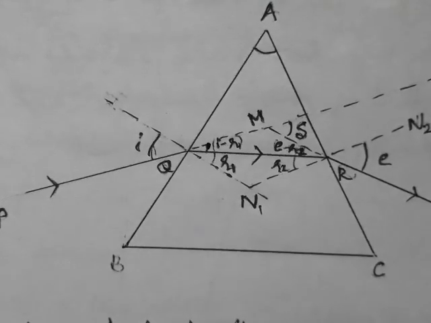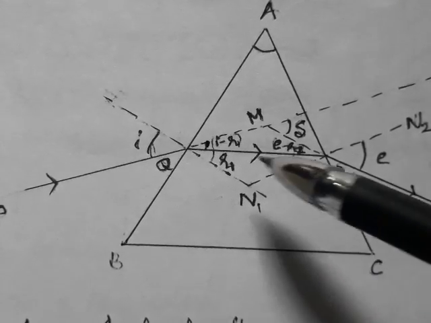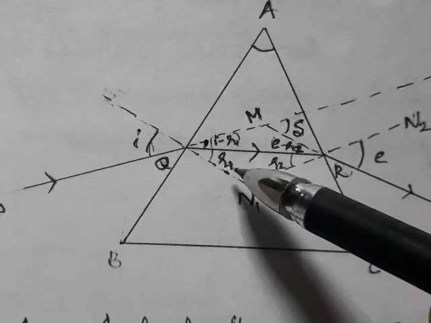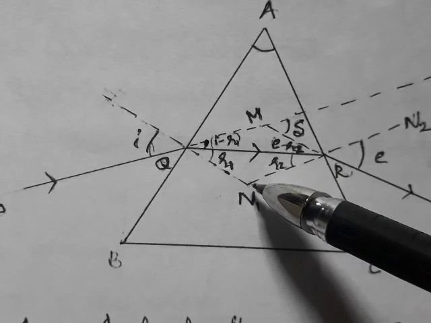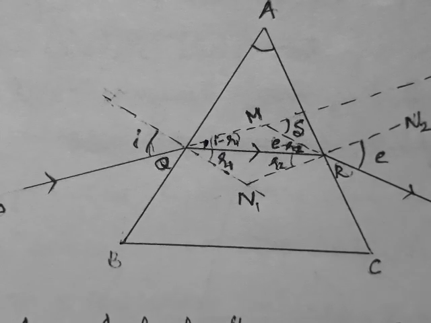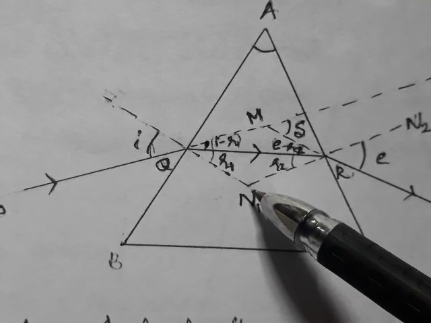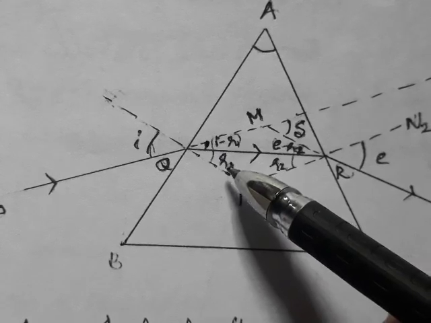Let us check what is that angle N, or angle QNR. Here are R1 and R2. R1 plus R2 plus N is 180, which means N is 180 minus (R1 plus R2). So that is written here.